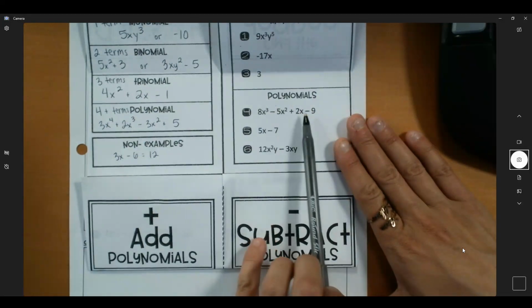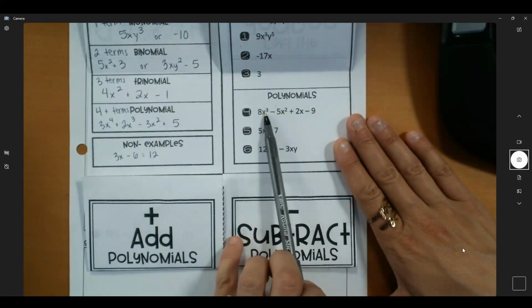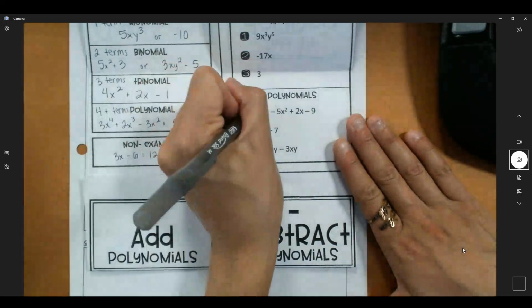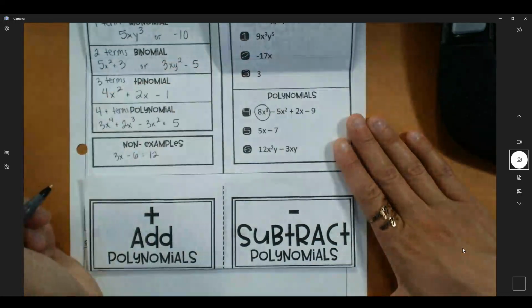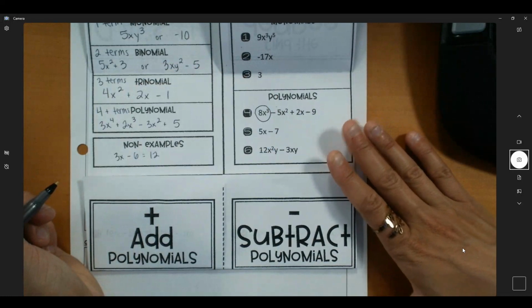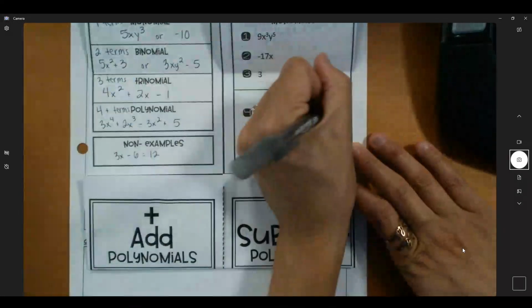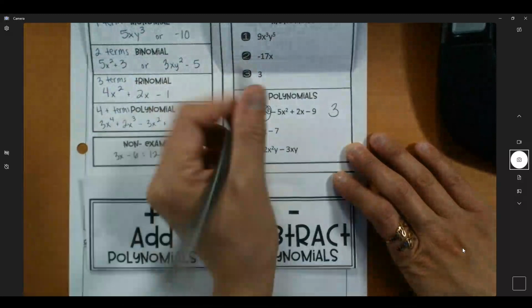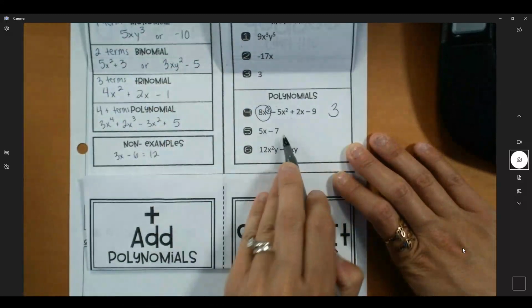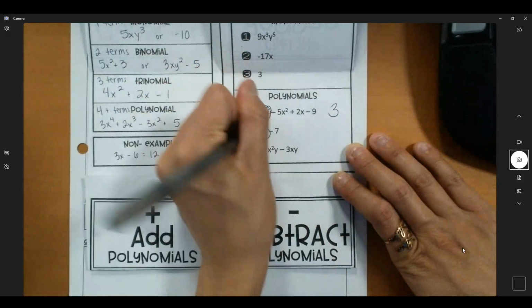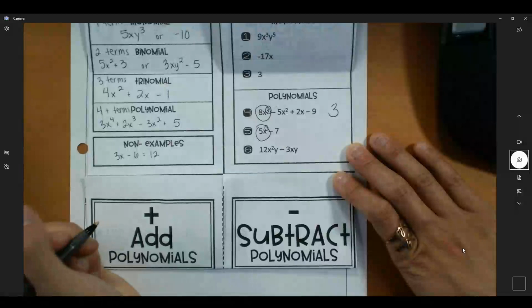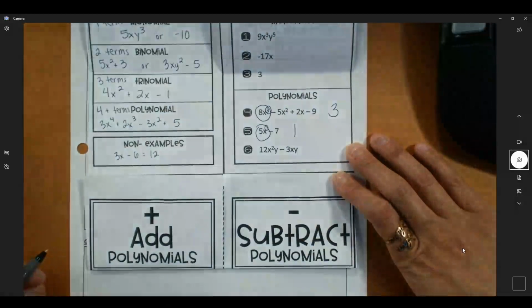So this has none, this has a 1, this has a 2, this has a 3. So right here, that's the highest exponent. So your degree would be whatever that exponent is. So here it's 3. And then here, so that has nothing, and then this has 1. So your highest degree here is that invisible 1.